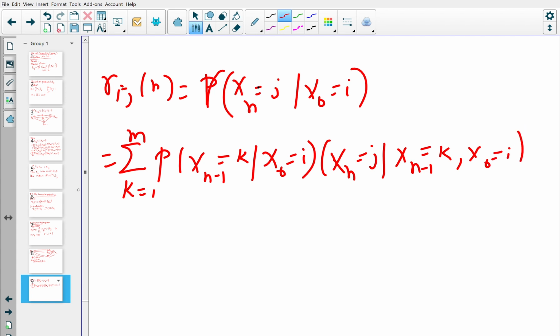But the Markov property tells you that whatever is inside only depends on the present state. This is the definition of the Markov property.